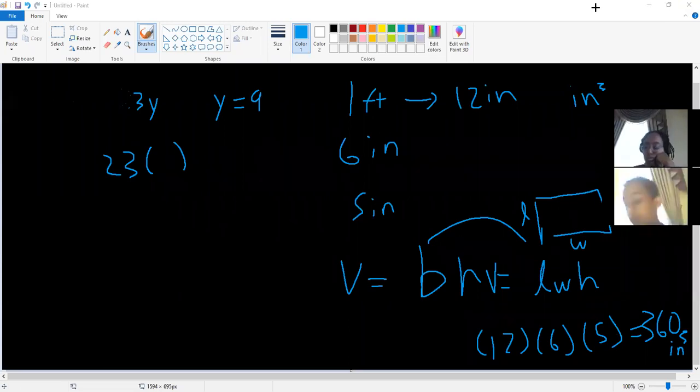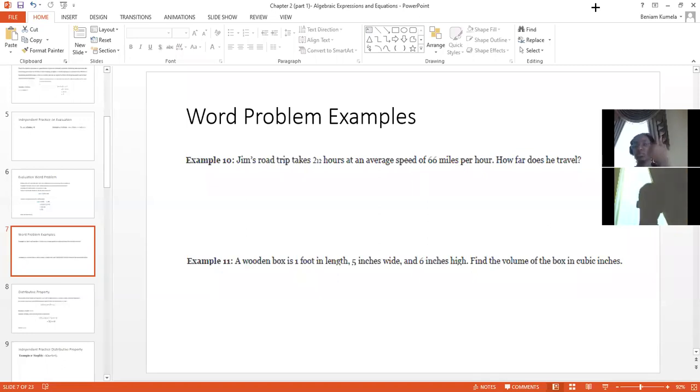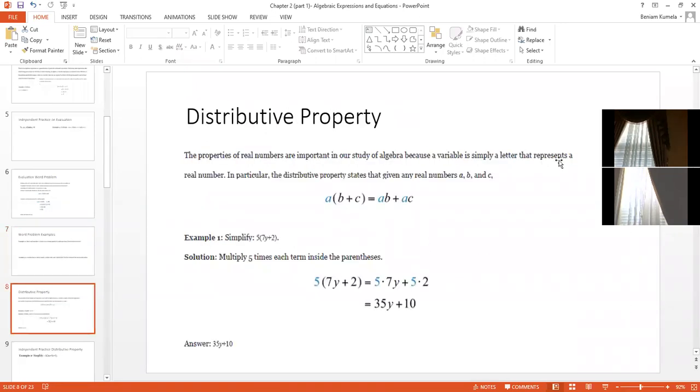Did this make sense for everybody? So what we did was find the formula for the volume of a box, length times width times height, plug in all the values, multiply them, and we got the volume. Let's move on to the next slide.